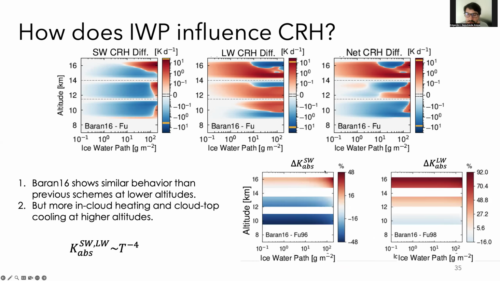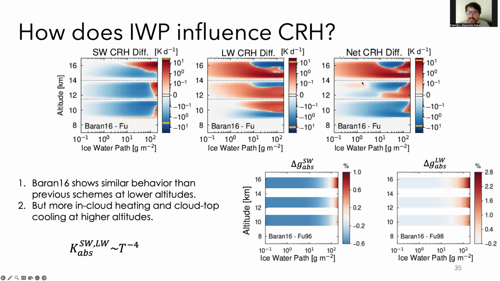So this is again related with the strong absorption capacity of this scheme because of temperature, specifically at a higher altitude. So we have, in this case, an enhancement of the in-cloud heating and a weakening of the cloud top cooling. The longwave absorption is high. The absorption capacity of this scheme, the Baran 16 scheme, in the longwave component is stronger than in the shortwave component.